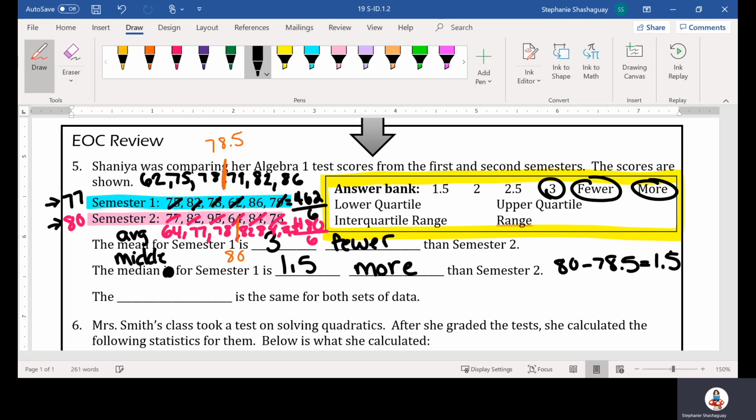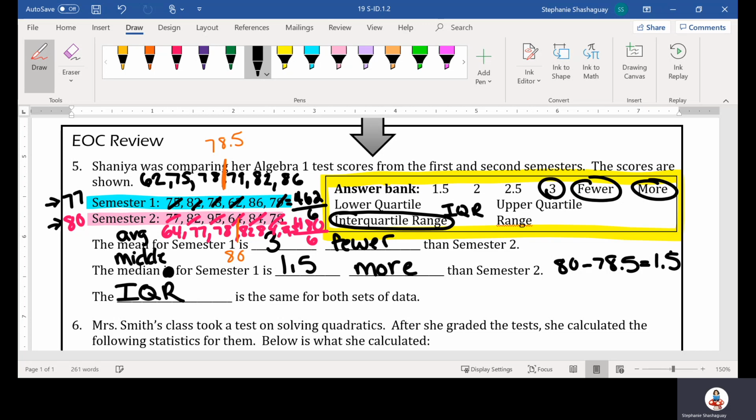The blank is the same for both sets of data. The interquartile range. I don't know why I keep crossing it out when I was circling it before. There we go. So the IQR is the same for both sets of data.